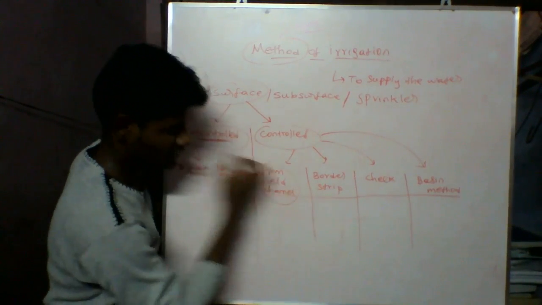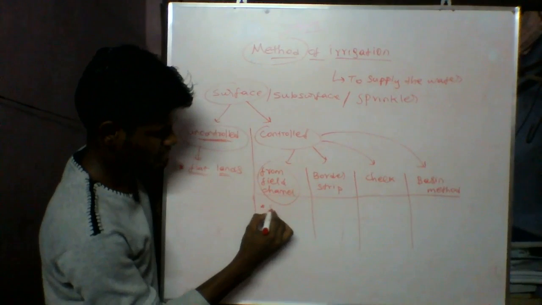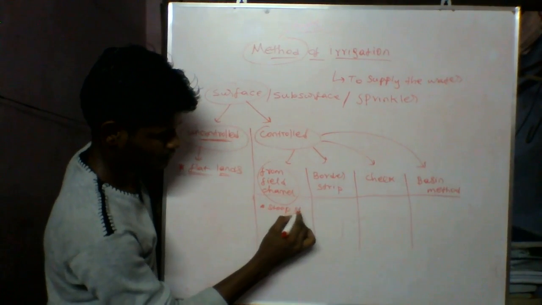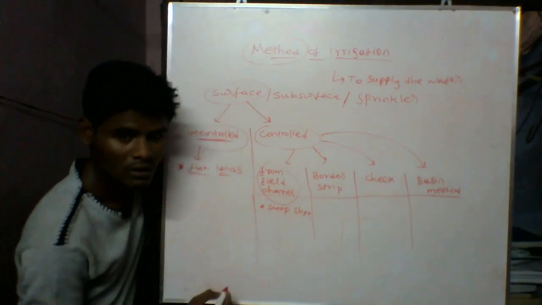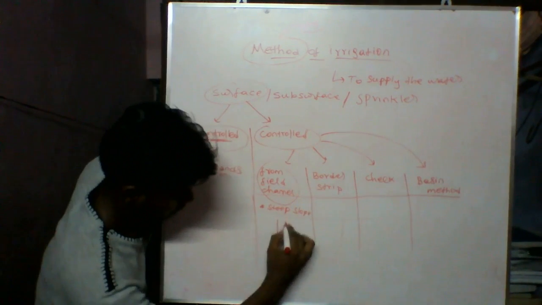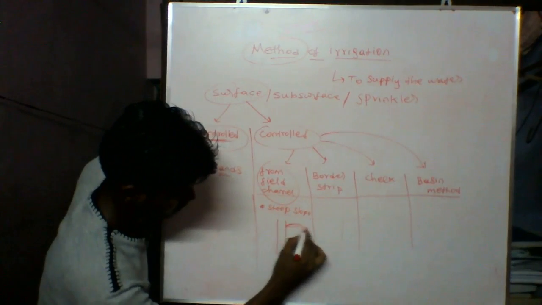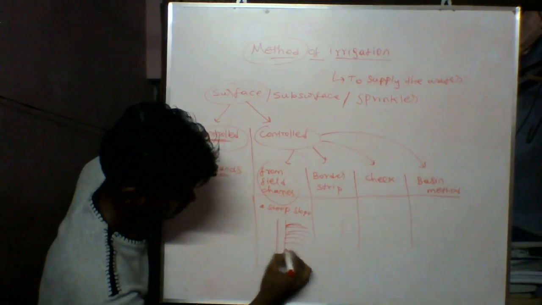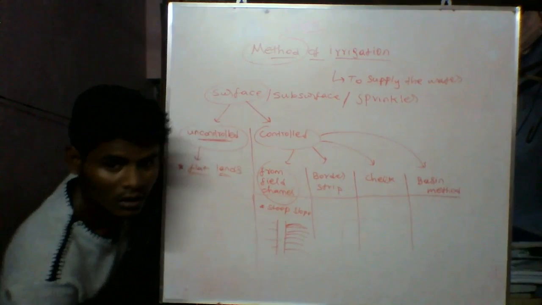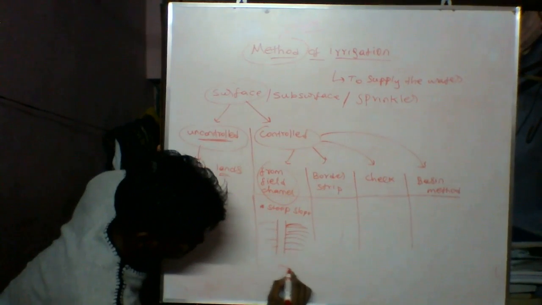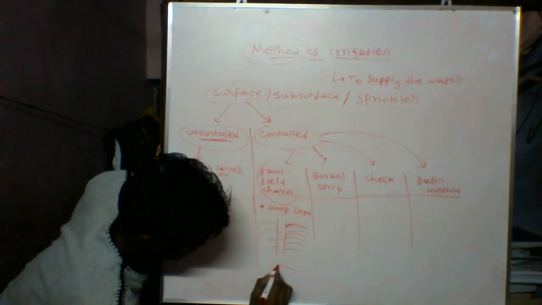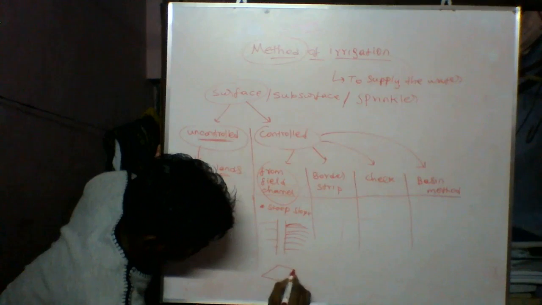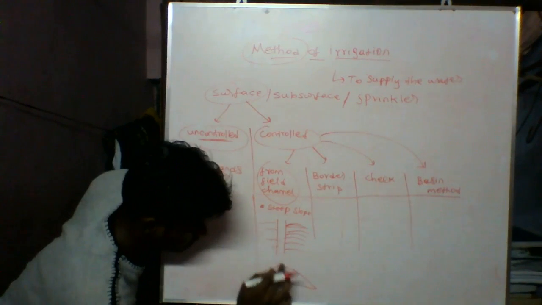So the field channel method is used in steep slopes. In the plan of the field channel, the water is flowing like this. The sectional view is that this is the land.